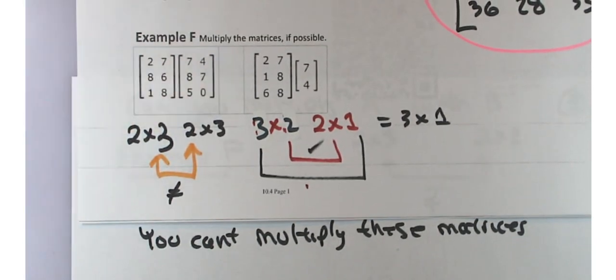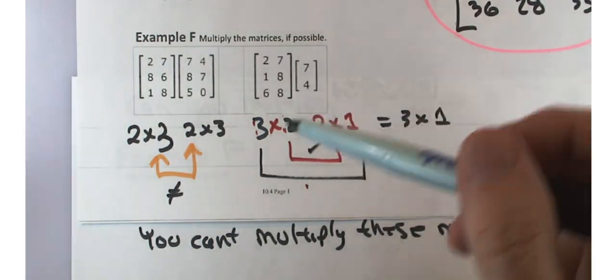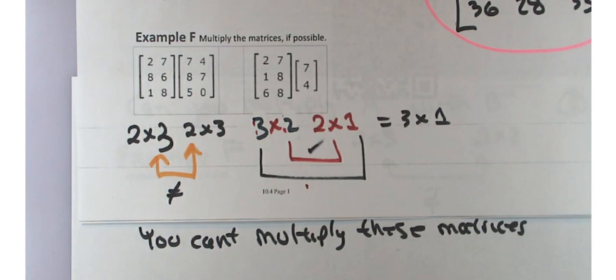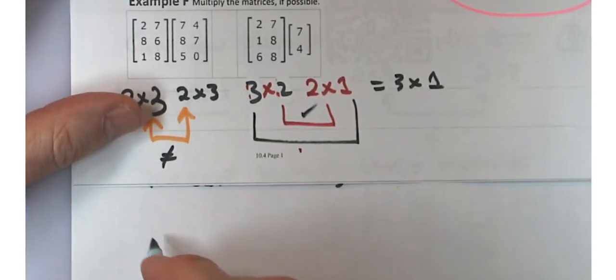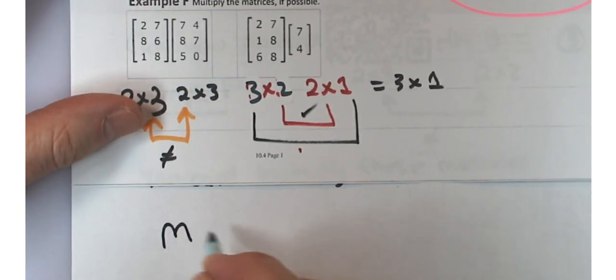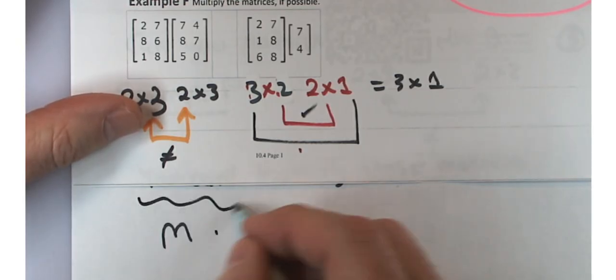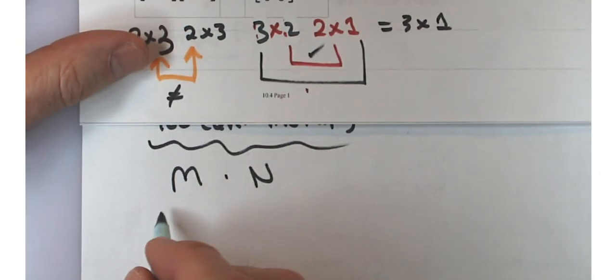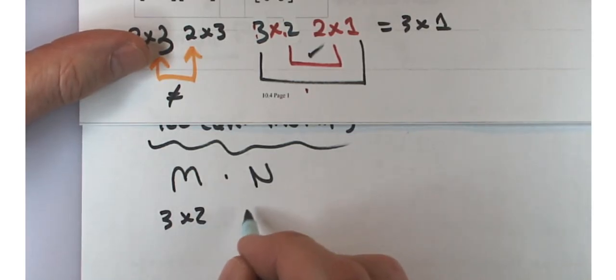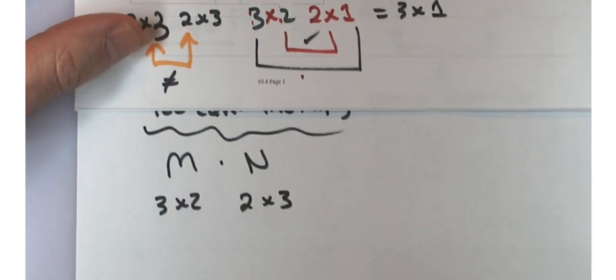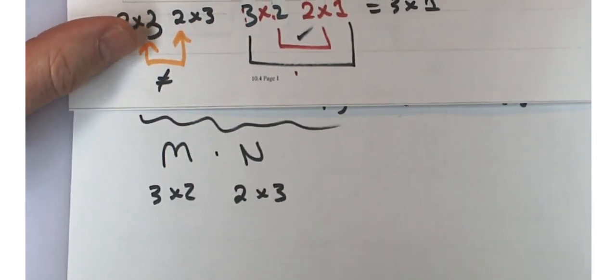Let's look at some dimensions one more time before we actually go through some of the nitty-gritty in multiplying those matrices together. So let's look at matrices M and N. Let's say M is a 3 by 2 matrix and N is a 2 by 3 matrix. Can I multiply these two together?